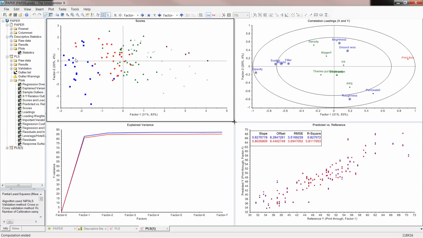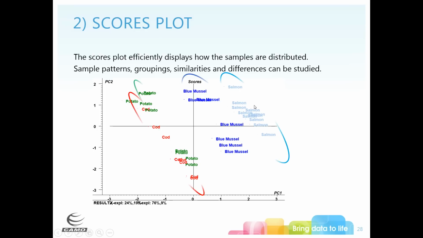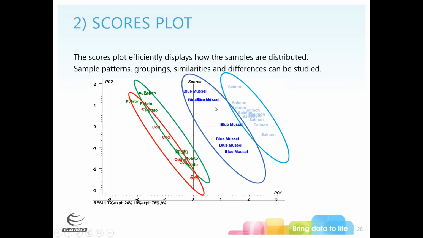And as you can see, the things with higher opacity here have less print through, and as we get over here, these are more print through. So that would make sense. You would expect to see this in this case.